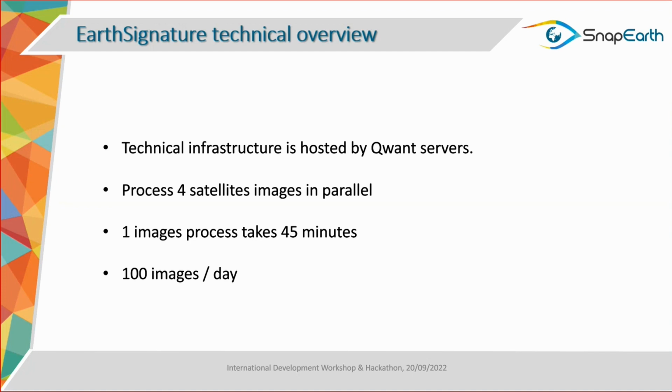And approximately we do 100 images per day, depending on clouds, which is approximately what we need to do to cover Europe, which is basically 500 images of Sentinel-2 satellites.